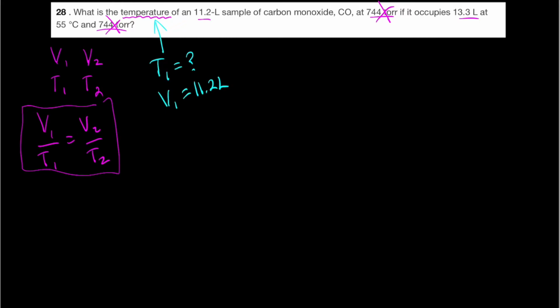There's a comma in the sentence, so if it occupies 13.3 liters, we're going to call this V2, 13.3 liters at 55 degrees Celsius and 744 torr. So that's T2, which is 55 degrees Celsius.